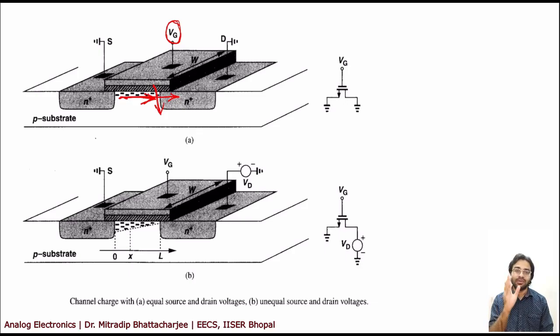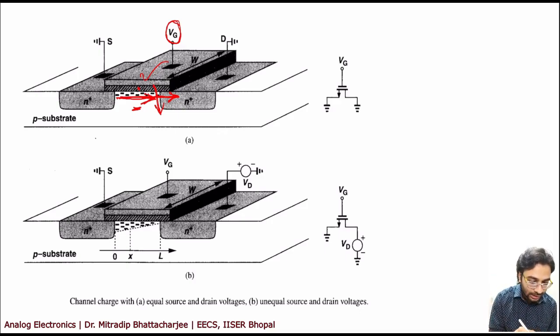So the field in the vertical direction to that current is actually controlling. That's why it is called field effect transistor. This is metal, oxide and semiconductor. That is why it is called field effect transistor. This transverse field is actually controlling your current through the channel. You will see even more clearly as we progress.